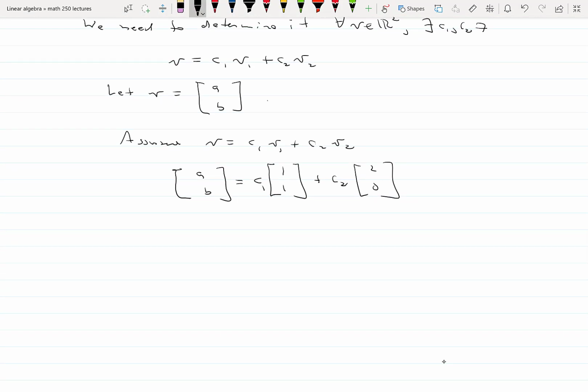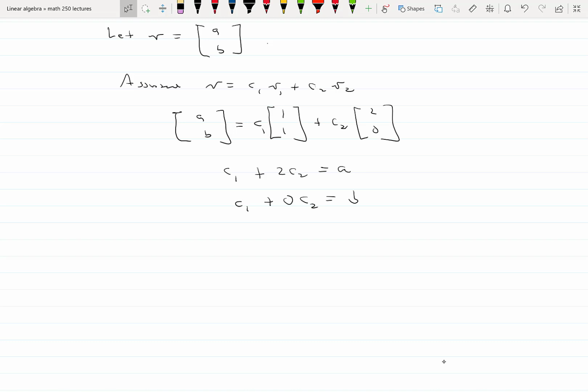This translates into a system of equations. C1 plus 2C2 equals A. C1 plus 0C2 equals B. Well, it's a little rough to use a calculator.